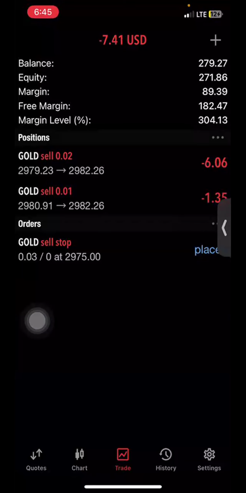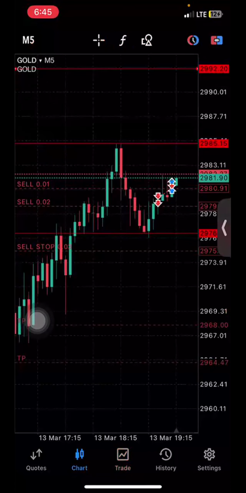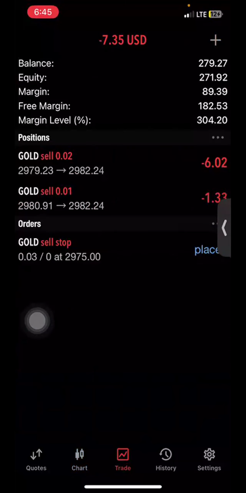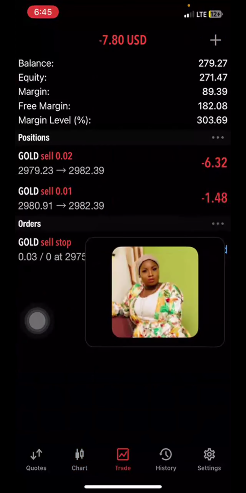Maybe if you have 0.05, you want to close 0.03 and leave 0.02 running. You just change it to 0.03, refresh it, and close. That's how to close partial. Do you guys understand?